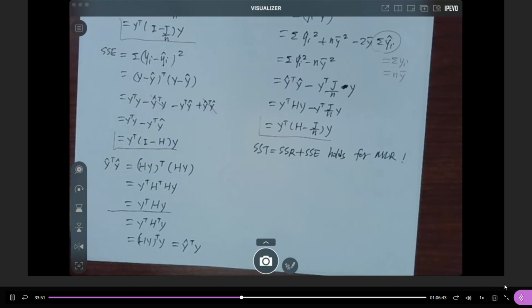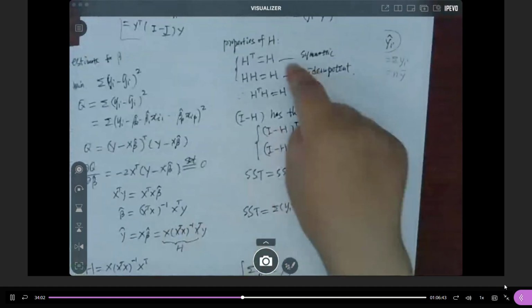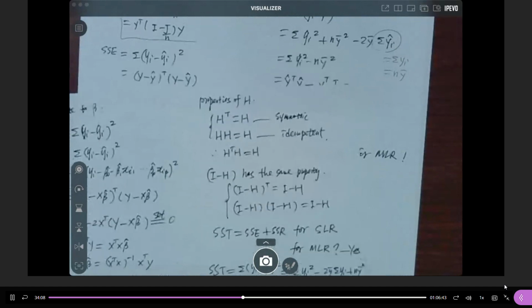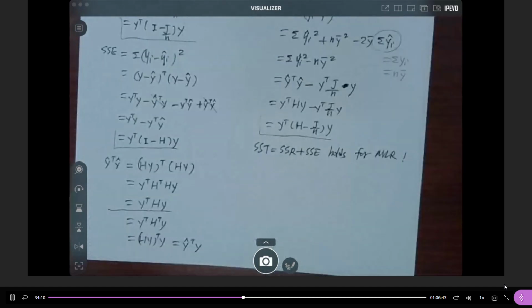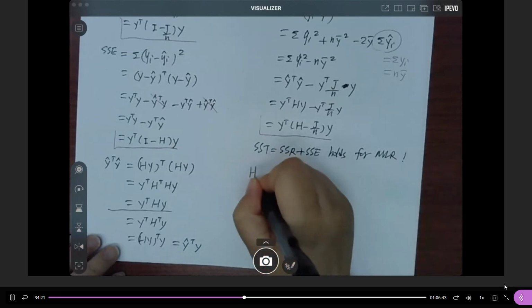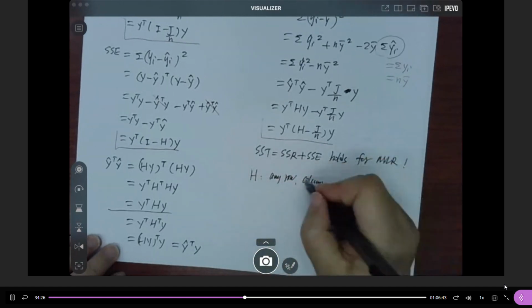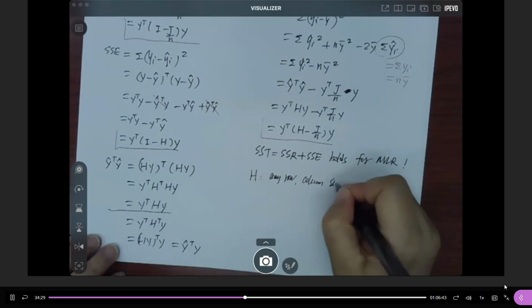So what other property do we know about H? In addition to the two obvious ones, symmetric and idempotent, which you can easily prove in a few lines here, another important property is that the rows and columns sum to 1. So each row or column of H sums to 1.